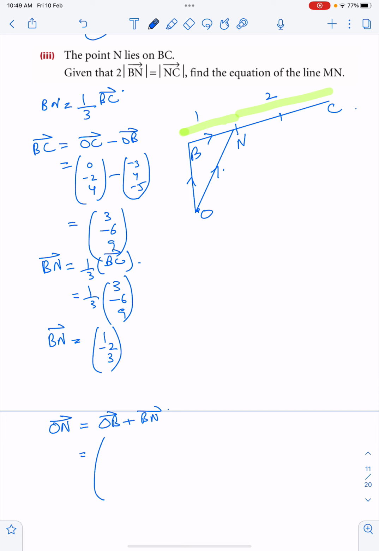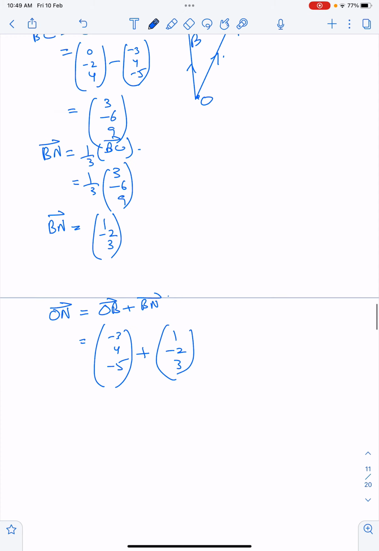I already have OB, which is (-3, 4, -5), plus BN, which is (1, -2, 3). Okay, add them up, you get minus 3 plus 1 is minus 2, 4 minus 2 is 2, minus 4 plus 3 is minus 2.